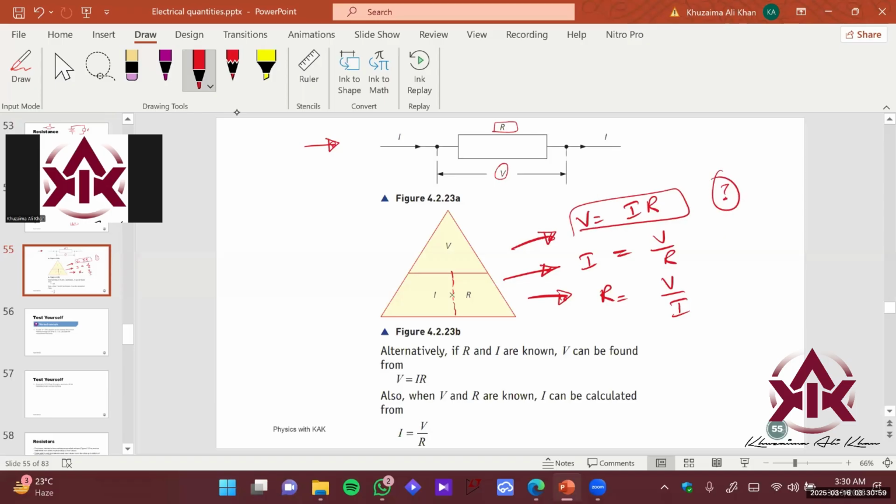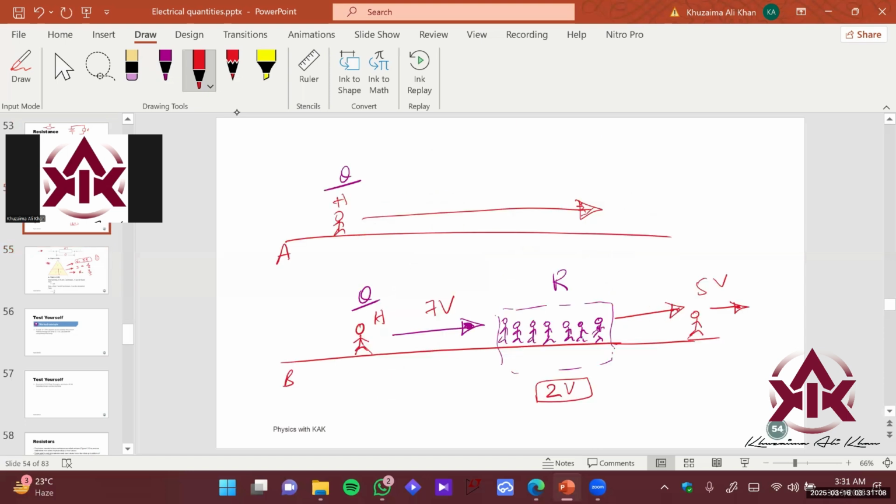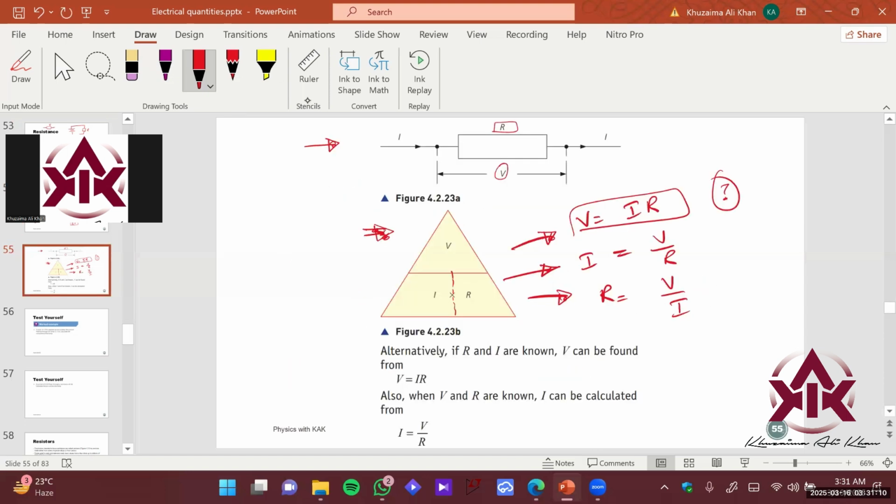So these are the different forms. You can just learn this pyramid to derive the formula. This is used to find resistance. How do you find resistance? If you know the potential difference across the component and the current that passes through the component, you can easily find out the resistance of the component.